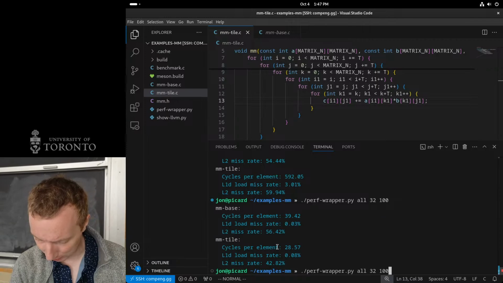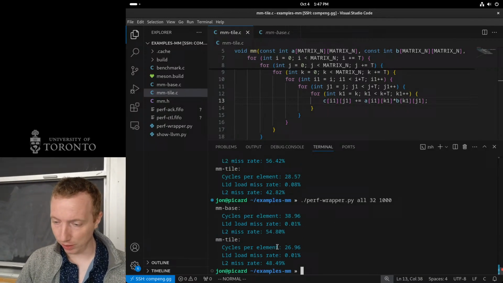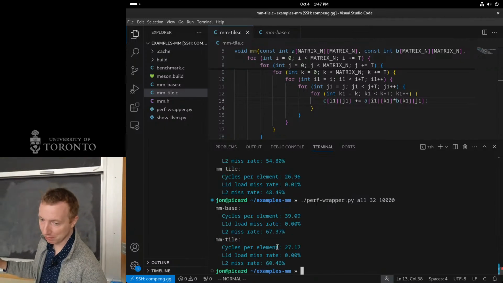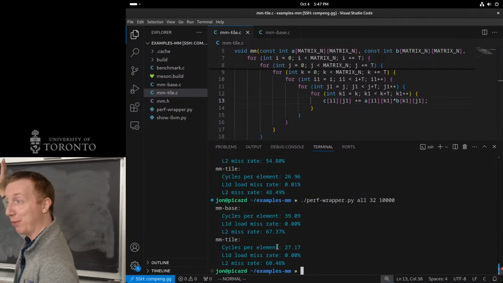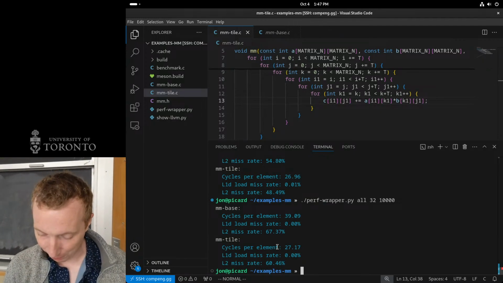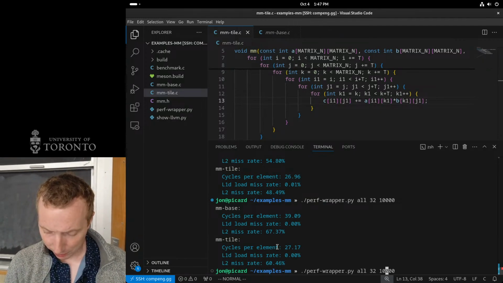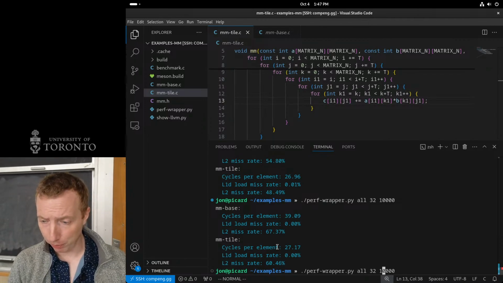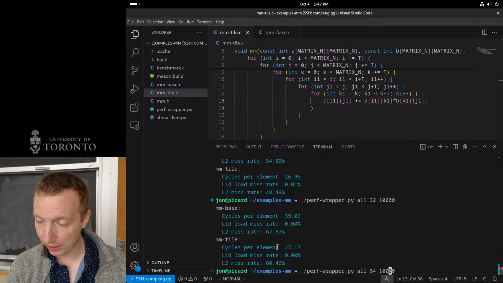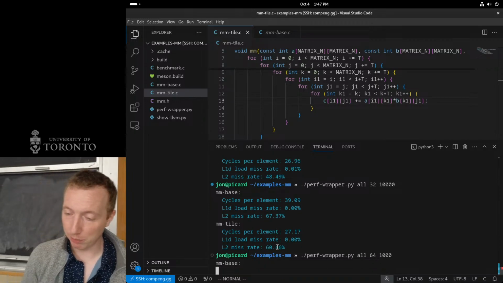Actually, those should be the same. Maybe it just got noise again. All right, tiling's even better for 32 by 32, learning things on the fly. Even though my miss rate is essentially 0 for both of them, as soon as I grow my array a little bit, the effect becomes more and more pronounced.